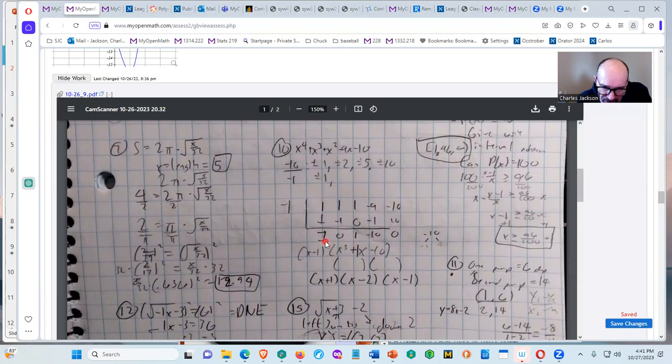X to the third plus x minus 10. Okay. Oh, okay. So yeah, and then factoring that is a problem, because that would actually take miraculous factoring to do. Yeah, I was going to say that's the one thing that I did get confused on.